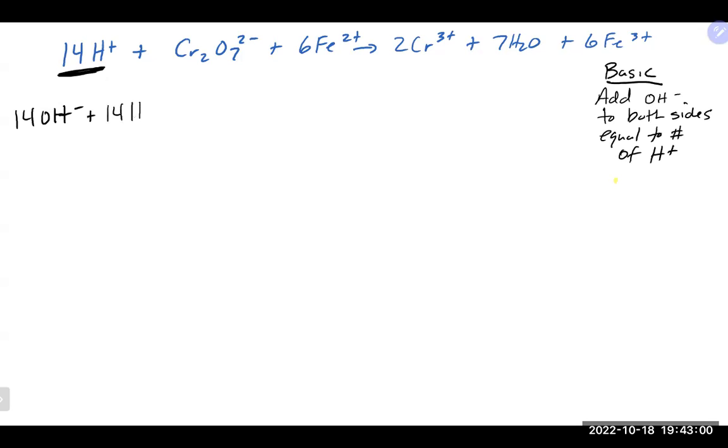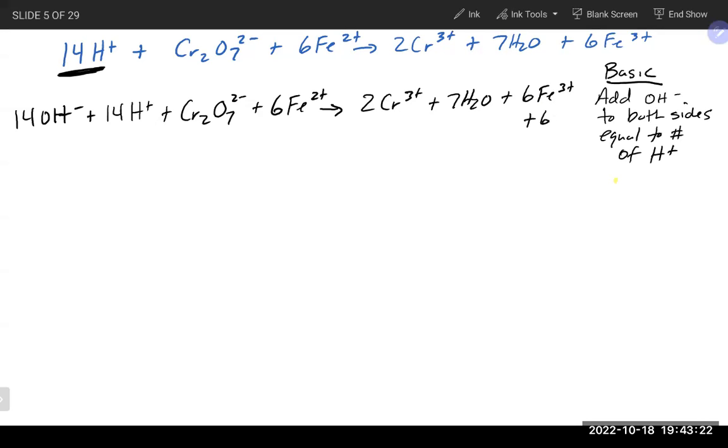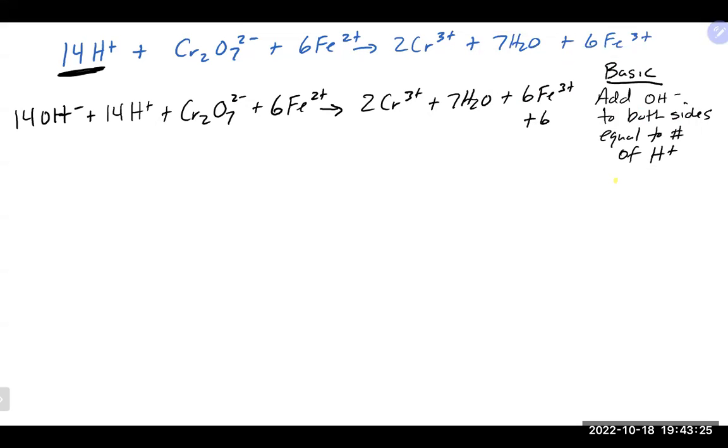Plus 14 H plus, Cr2O7 2 minus, plus 6 of these guys, gives me 2, 7, 6, and I'll go underneath here, not 6, but 14 would be good. Plus 14 OH minuses.